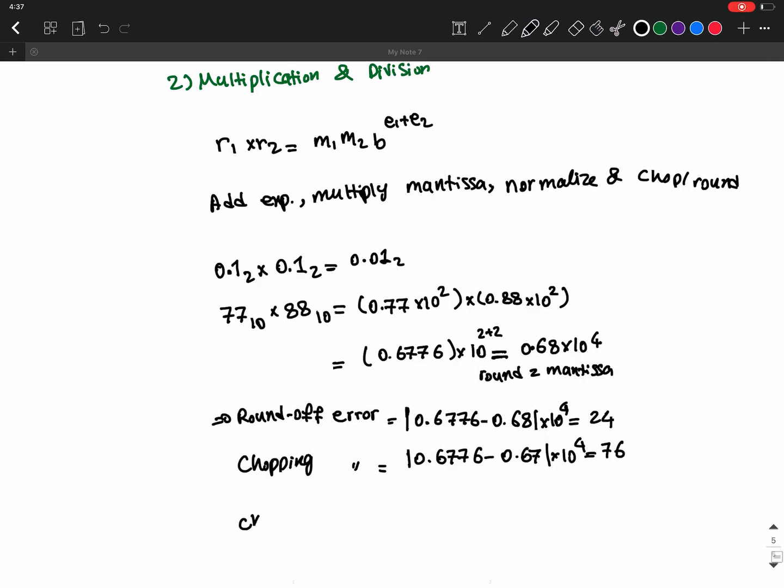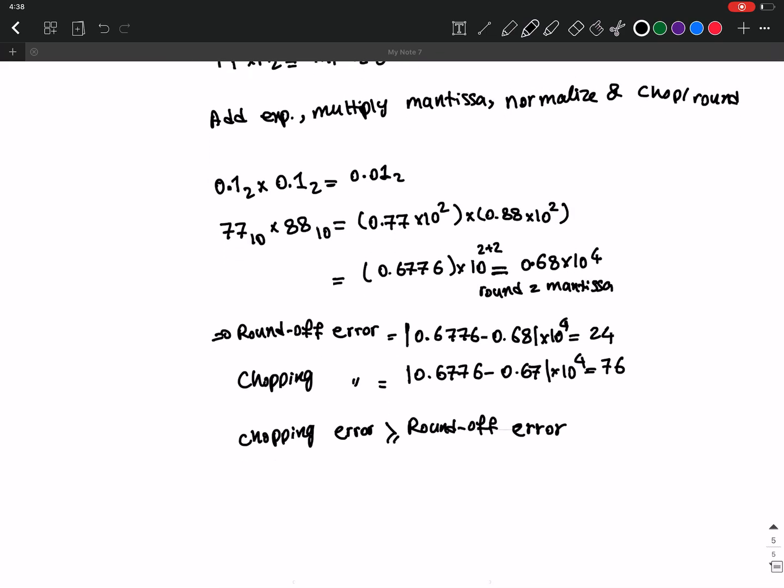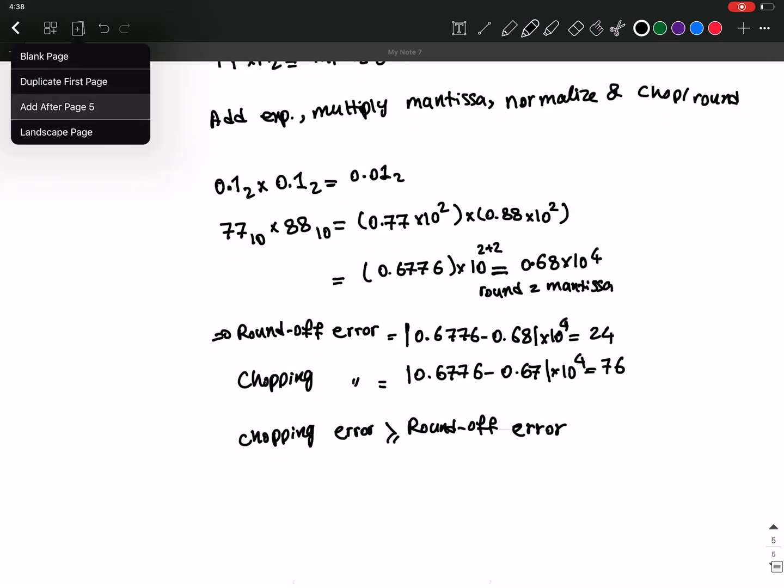So the chopping error is always greater than or equal to the round-off error.